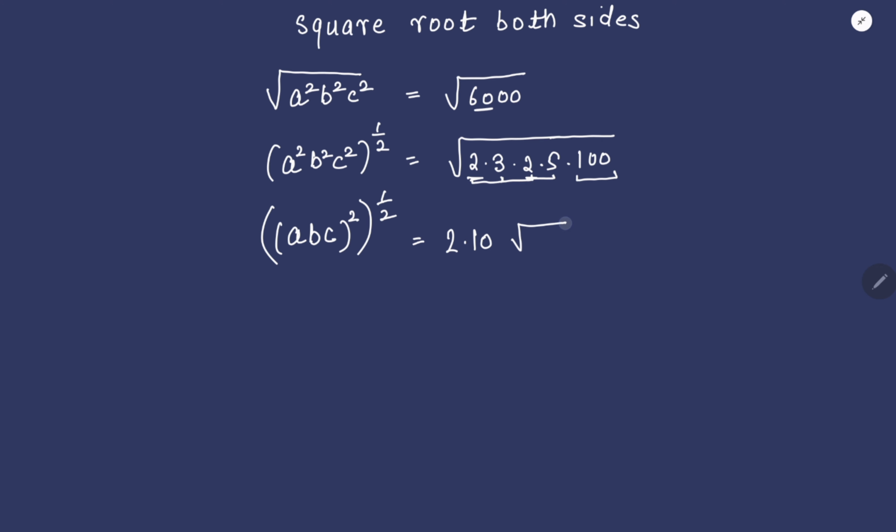And inside the square root, I have 3 times 5, that is 15. Okay, here these powers will cancel out. So left hand side is ABC and right hand side is 20 root 15. Now I have this as equation number 4.